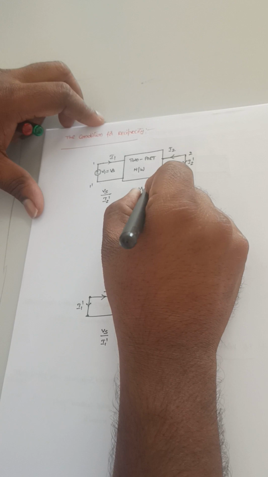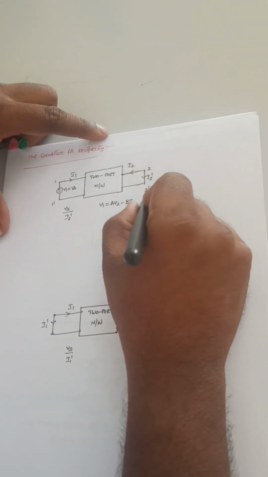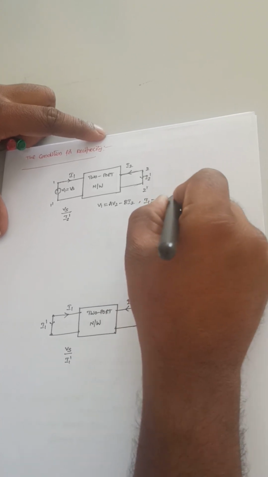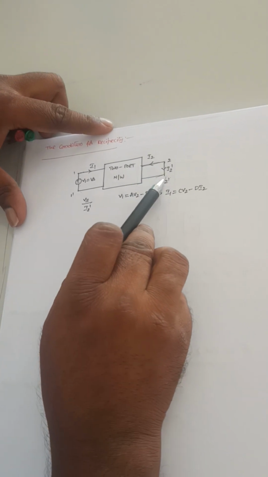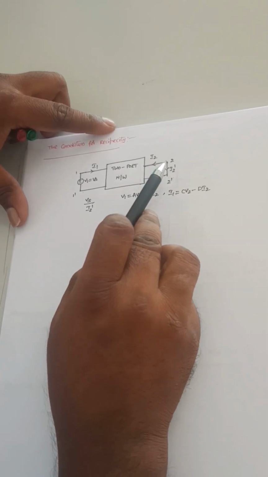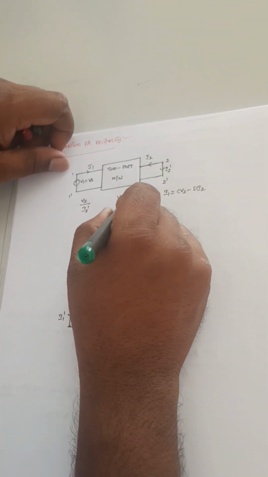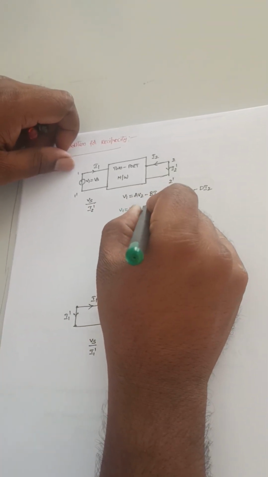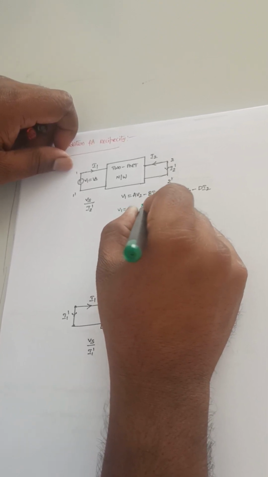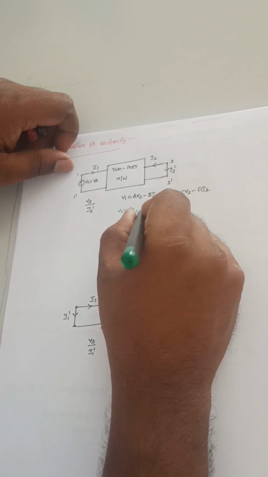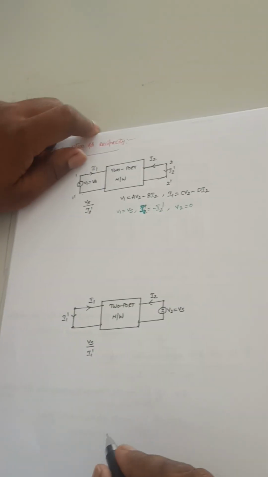Now what are the equations for ABCD parameters here? V1 is equal to AV2 minus BI2, and I1 is equal to CV2 minus DI2. Here V2 should be equal to 0 because the second port is short circuited. So the conditions here are V1 is equal to Vs, I2 dash is equal to minus I2, or I2 is equal to minus I2 dash, and V2 is equal to 0.